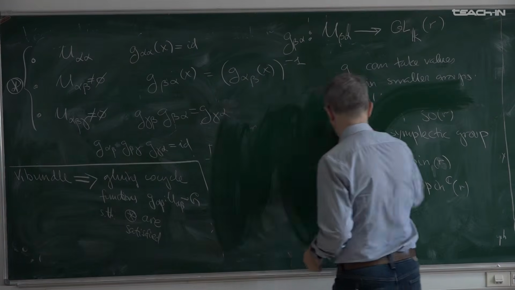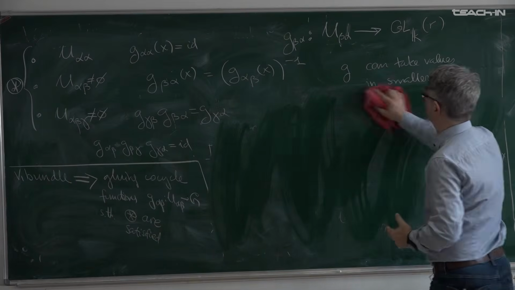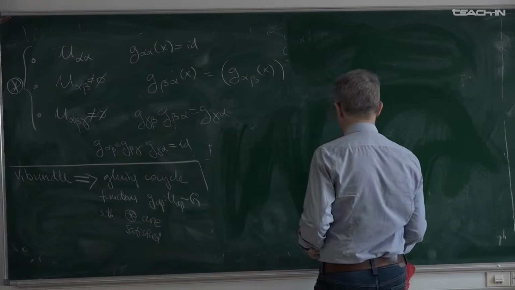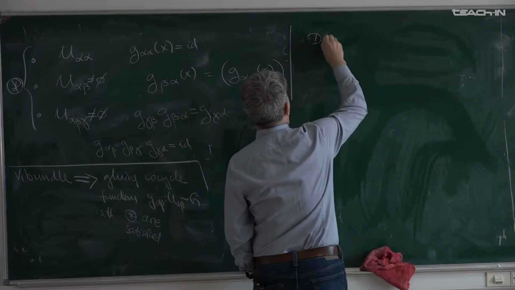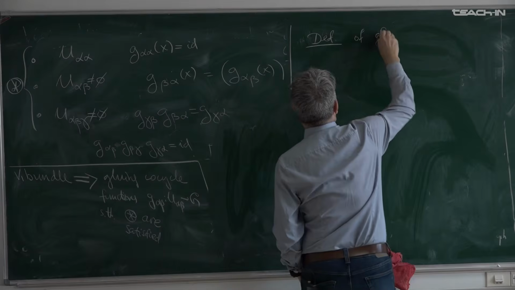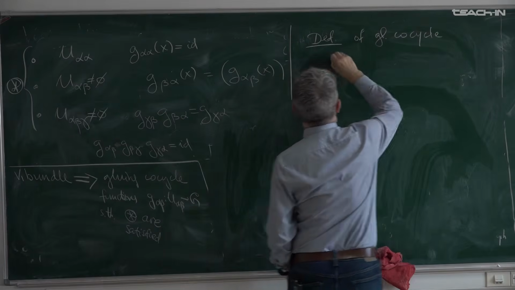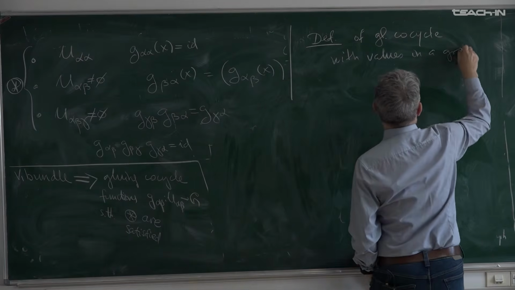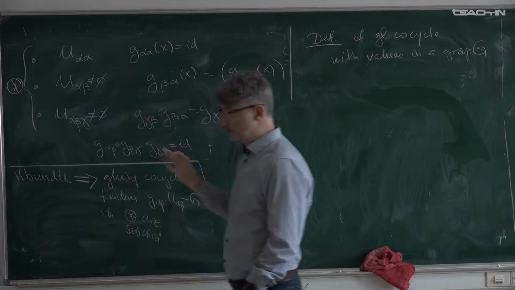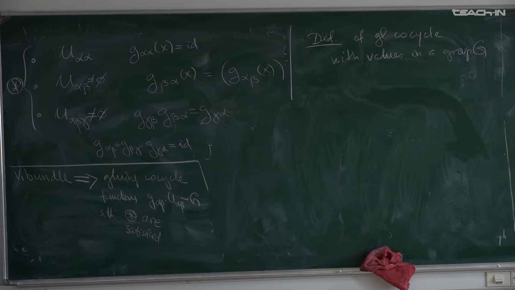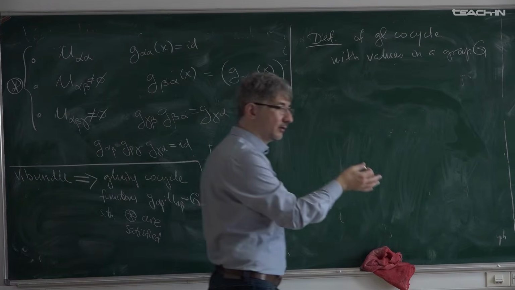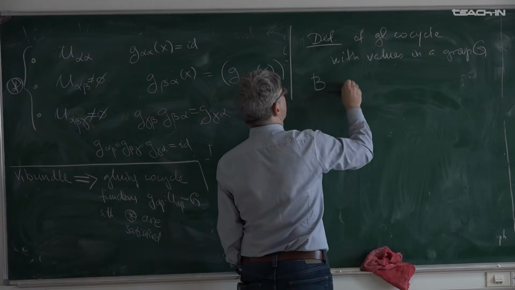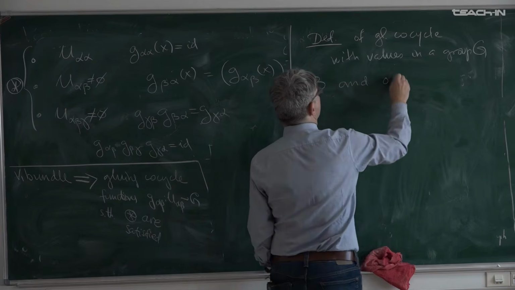Actually, it is already written. So, cocycle with values in a group G. This G can be any group, but we will discuss the case where G is the linear group GL, or orthogonal or unitary, something like that. So we take a space B and an open cover.